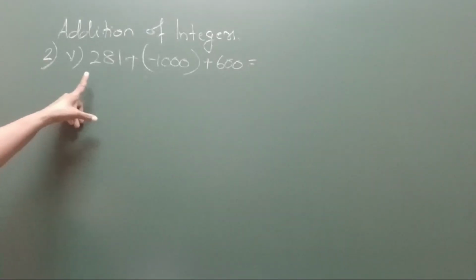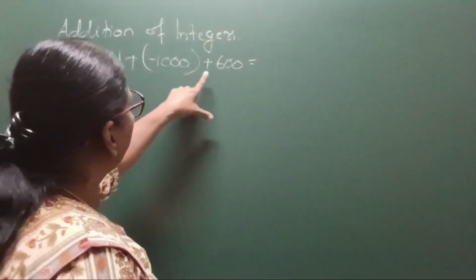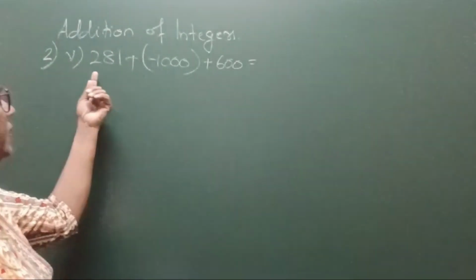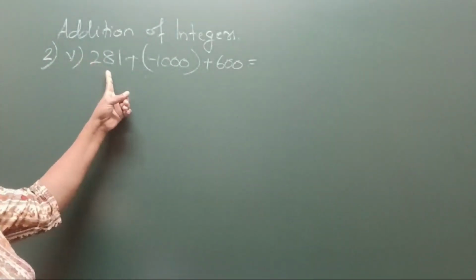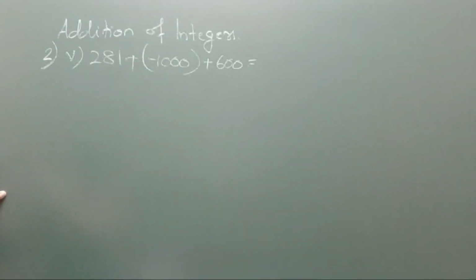Question number 5. 281 plus minus 1000 plus 600. Here again two different integers. There are two numbers which are positive and one is negative.